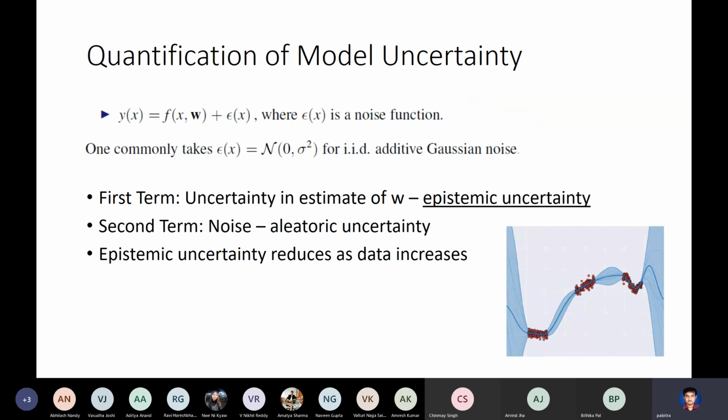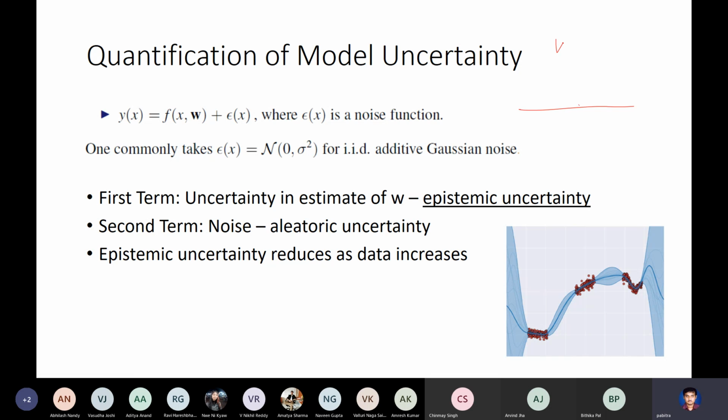Okay, so now this was about model construction. Let's come to quantifying uncertainties. Let us look at the simple regression model, y of x equals f of x, w plus epsilon of x, where epsilon is additive Gaussian noise. So you see that this w in our approach is not a single point.